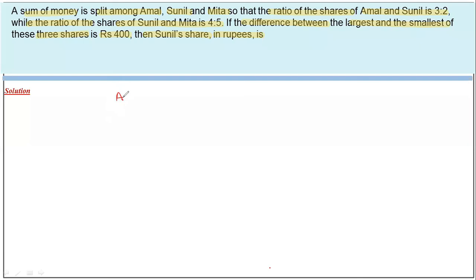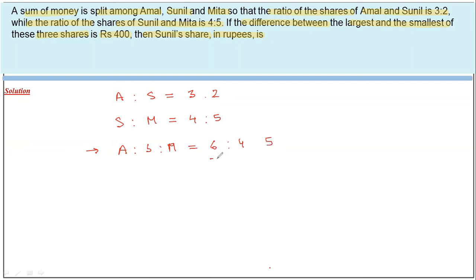So given A is to S as 3 is to 2 and S is to M as 4 is to 5. So we have A is to S is to M, that is equal to 6 is to 4 is to 5.